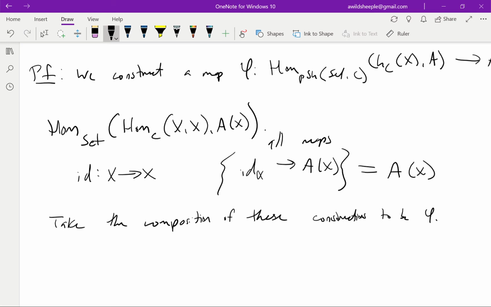Okay, so now in order to prove that this is an isomorphism, we have to construct an inverse.